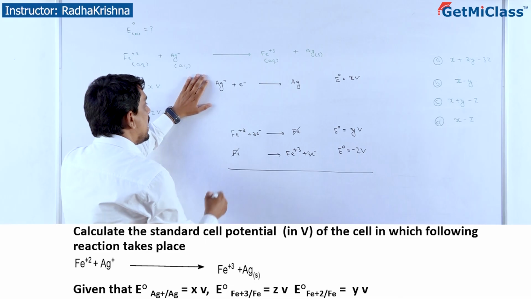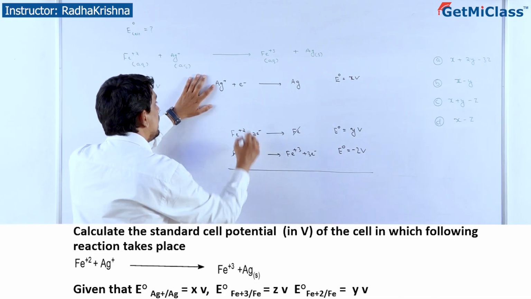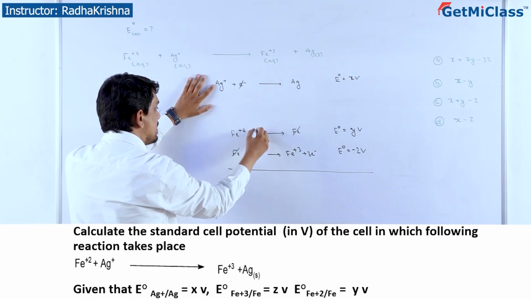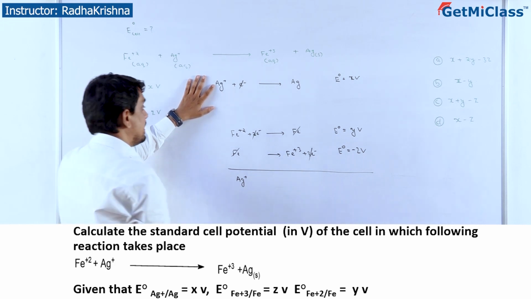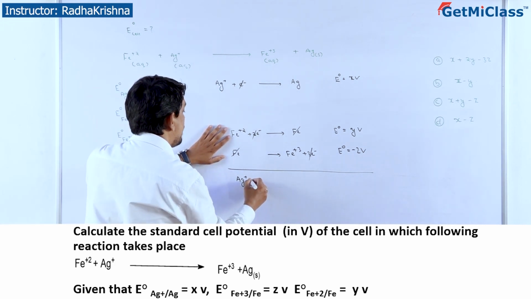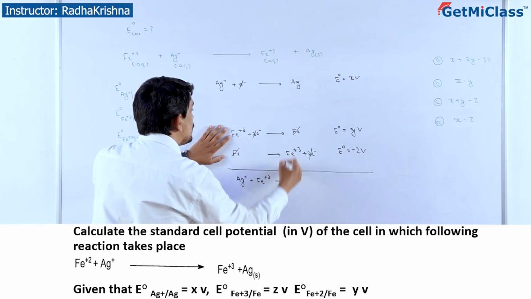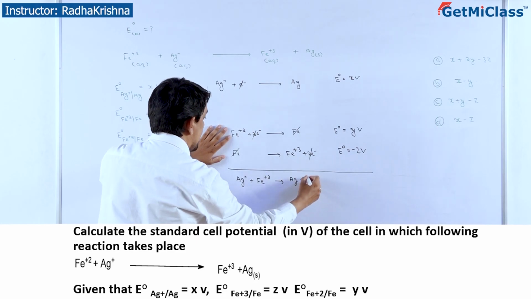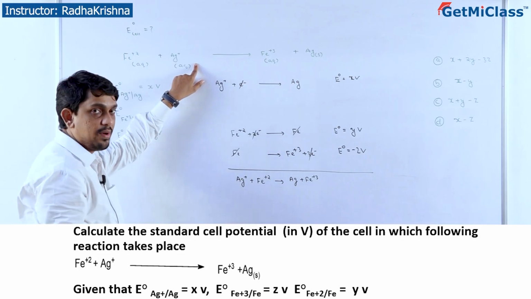Now what is left out? Ag plus, and 3 electrons on the reactant side and 3 electrons on the product side get cancelled. You have Fe plus 2 that will give you silver and Fe plus 3, and exactly you can see this is the required cell reaction, right?